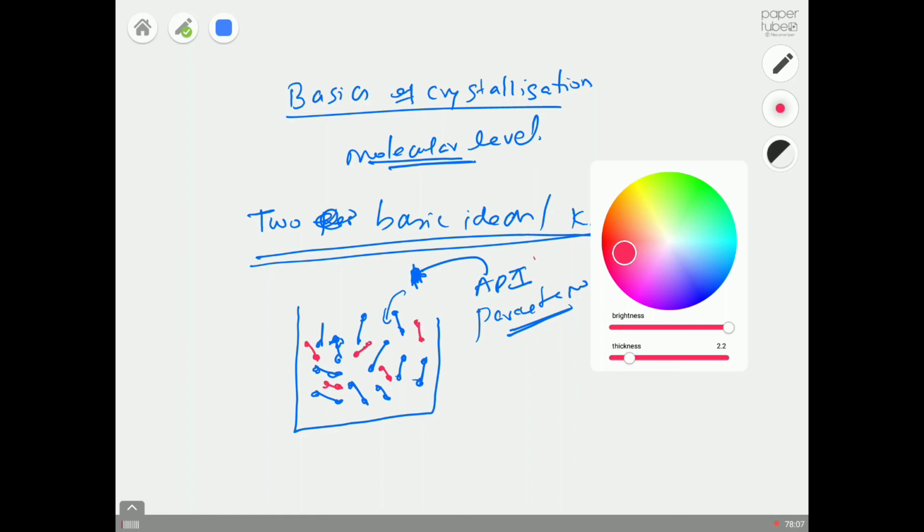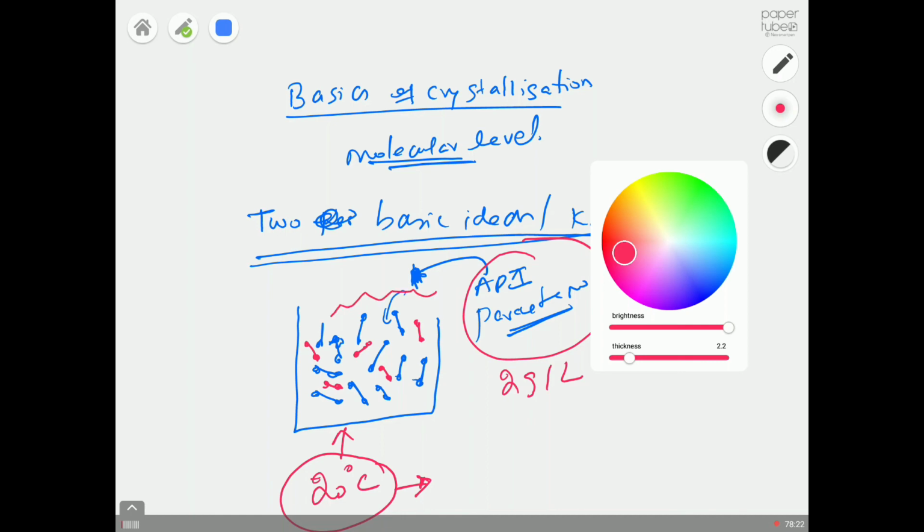So we added the API, say 2 grams per liter, and say the crystallizer is maintained at 20 degrees centigrade. And just imagine your solubility concentration of paracetamol in this particular solvent that we are dealing with is, say, 6 grams per liter.